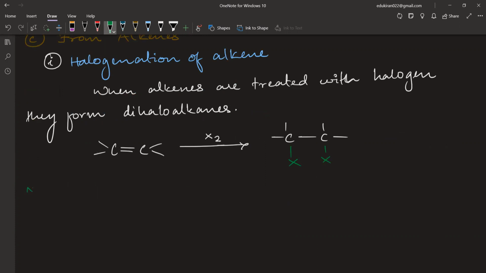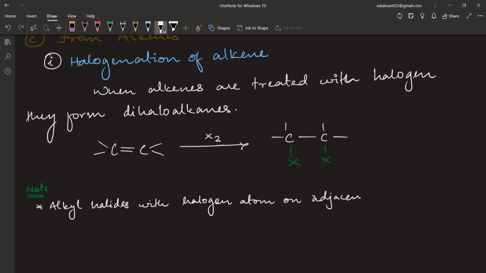Now, also note alkyl halides with halogen atoms on adjacent carbons are called vicinal dihalides.